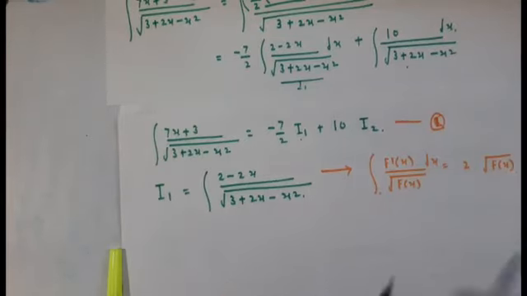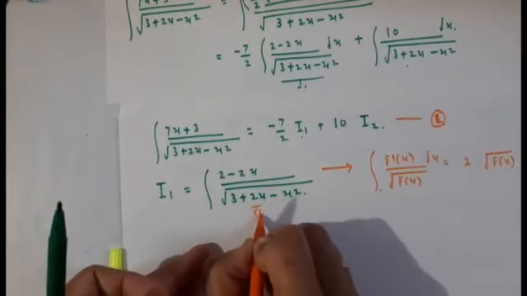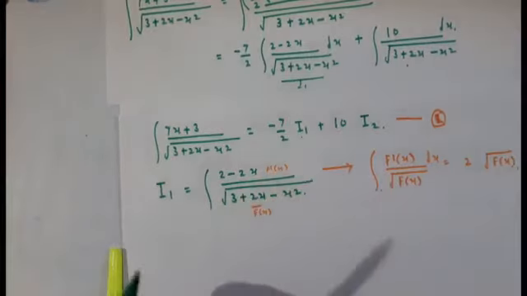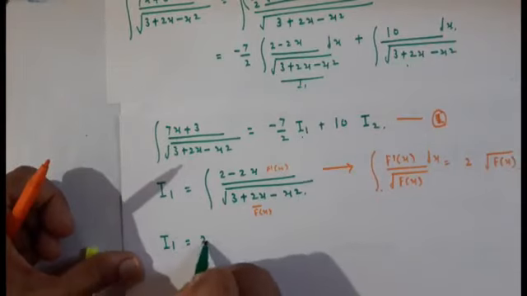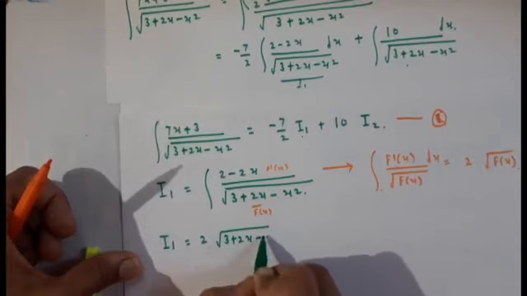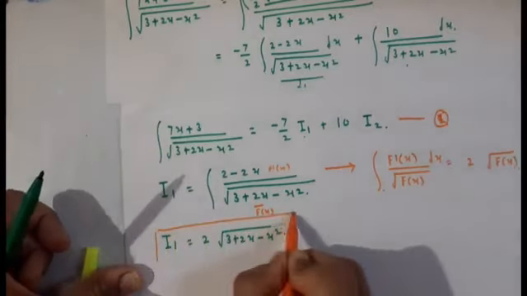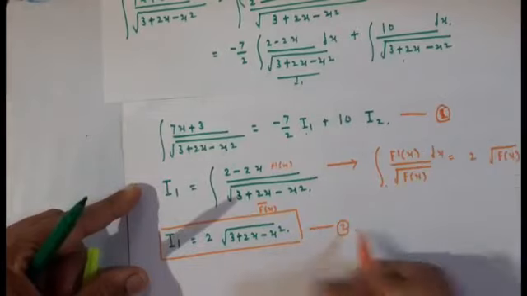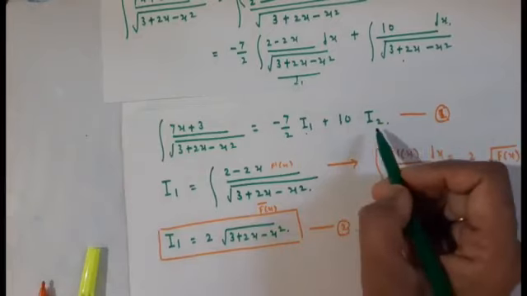Here f of x is this and this is f dash of x, and therefore I1 equals 2 root f of x, that is 2 root of 3 plus 2x minus x square. This is the value of I1 that we will put in expression 1. This is 2. Okay students, now let us find out I2. What is I2?